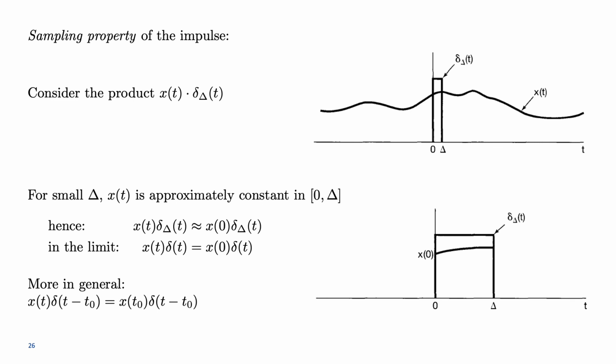More in general, x of t multiplied by a delta centered in t0 is equal to the same delta centered in t0 times the value of the signal x where the delta is placed, which is at time t0. This is an important property.